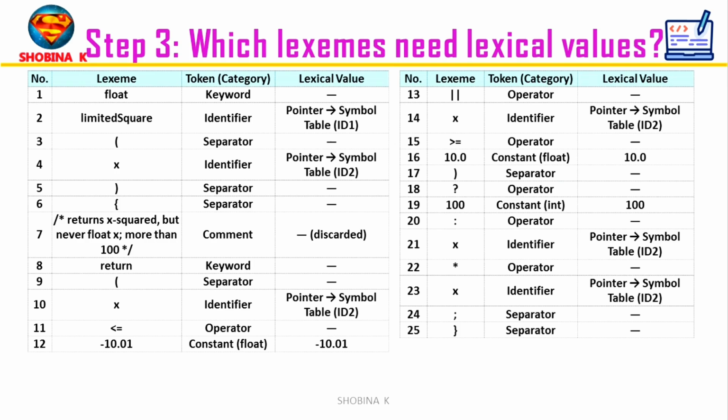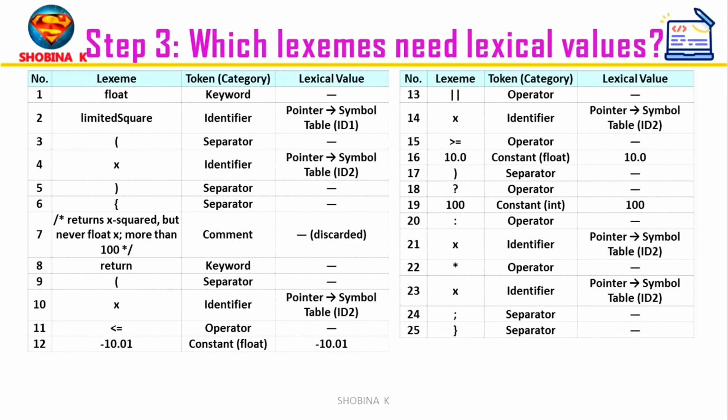In this step, we take each lexeme from the program and write 3 things. First, the lexeme itself, that is the actual text in the code. Secondly, the token type, meaning whether it is a keyword, identifier, constant, operator or separator. Thirdly, the lexical value, which means the extra information like a pointer to the symbol table or a numerical value.